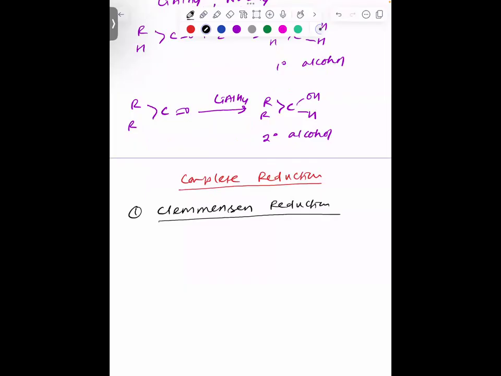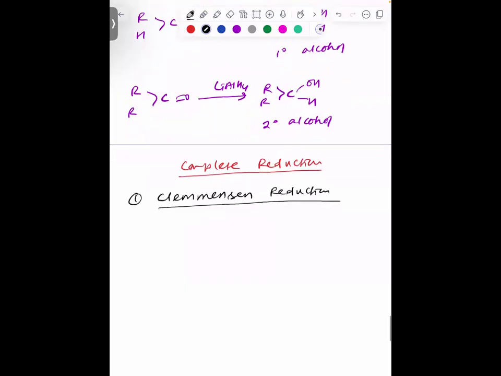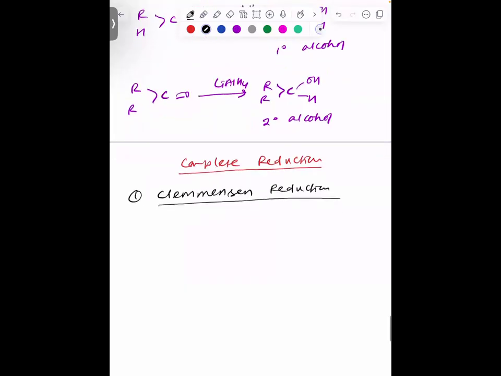What are the reagents taken in Clemmensen reduction? Zinc amalgam with concentrated HCl.